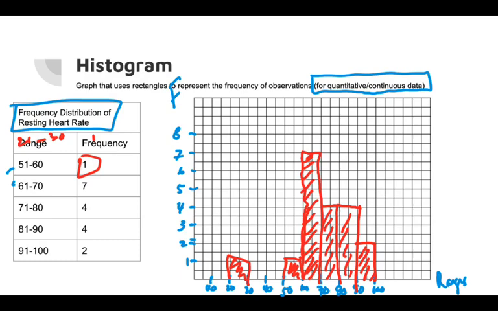You notice it's not directly connected to the rest of my data, and that's fine, but it could be, right? This just says that I have 0 values between 30 and 40 and 40 and 50, and it's fine to have this lone column or rectangle out there. That's okay.